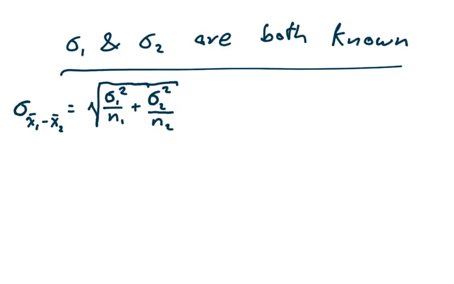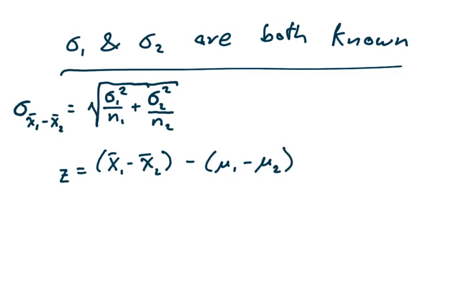All right, and so therefore our test statistic, remember we get to use the z-test, so we'll be using the z distribution. It's going to be x̄1 minus x̄2, and then from that, we're going to take away μ1 minus μ2.